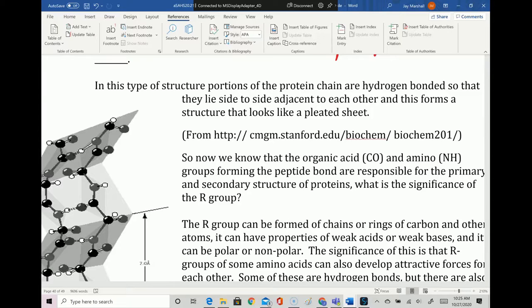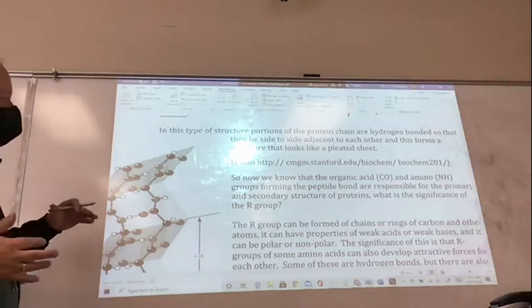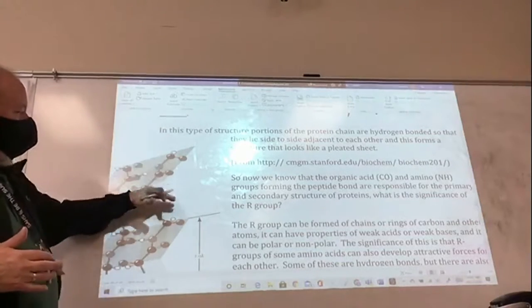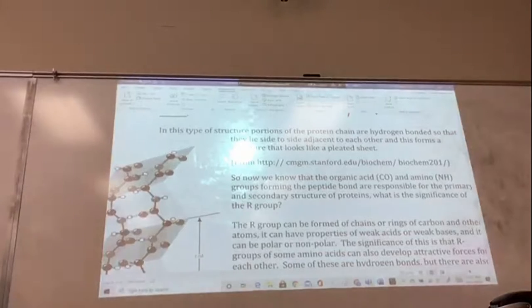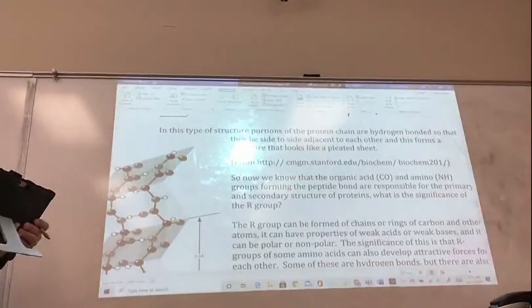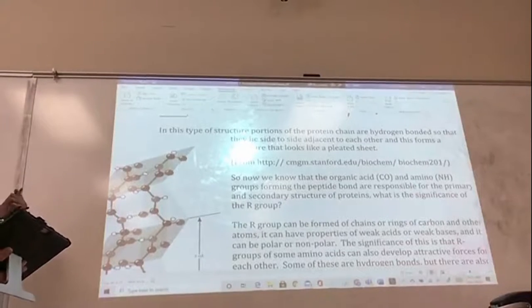Okay, and so that's the other structure. And again, these are just atoms that are forming these different structures. So we've got a helix and a pleated sheet. These are two different types of secondary structures.